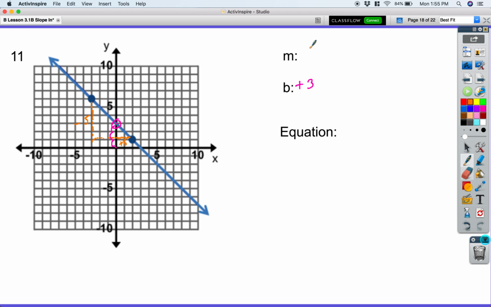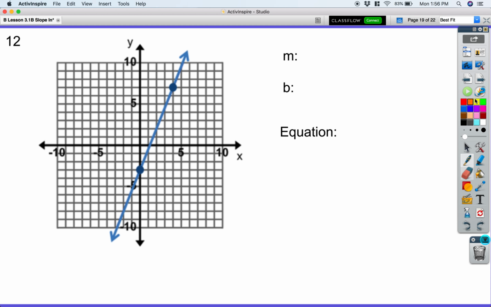So if I wrote rise over run, it'd be -5 over +5, which simplifies to -1. So then my equation would be y equals -x or -1x plus 3. So y equals -1x plus 3. Either one's 100% correct. That negative represents the -1, or you could just write out -1 in front of the x.